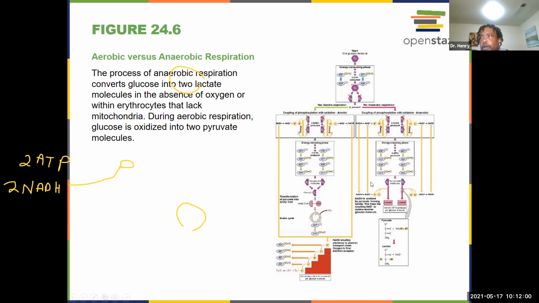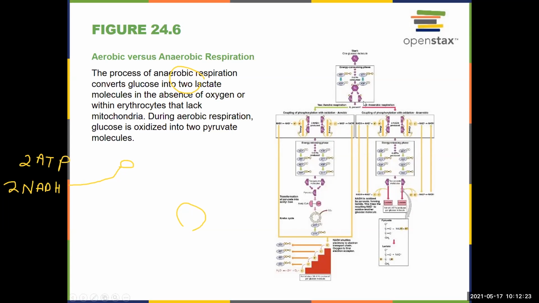So at the end of glycolysis, right, we end up with pyruvic acid. So at that very end of the process, if we don't have oxygen, that pyruvic component is going to end up becoming a lactic component, okay?